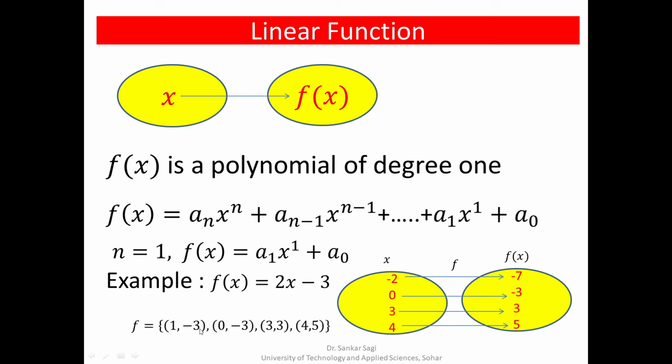So this value is not -3, it is -1. So for various values you can find the images under this function. You correct this one: for the element x = 1, the image is -1, not -3.